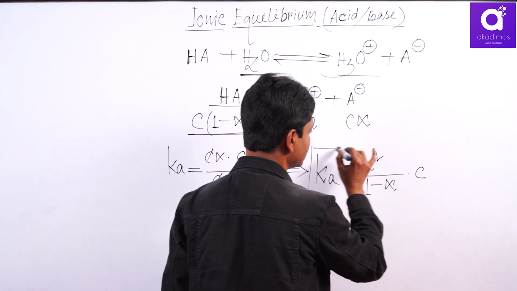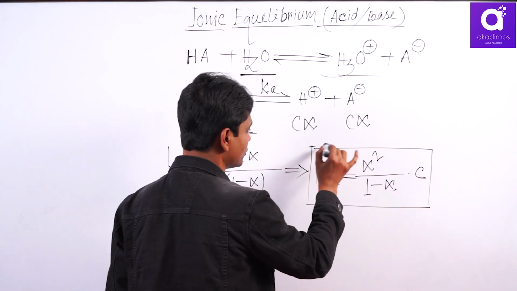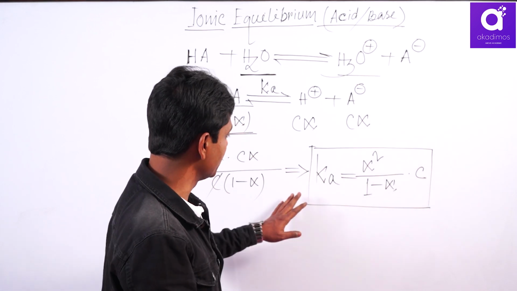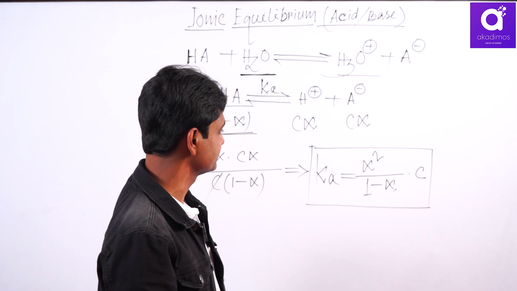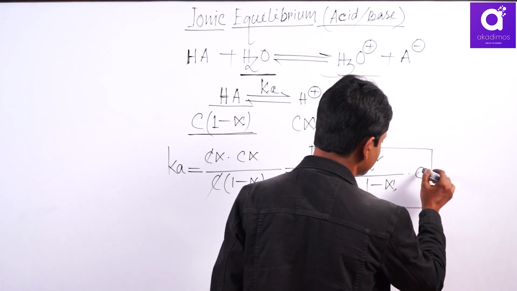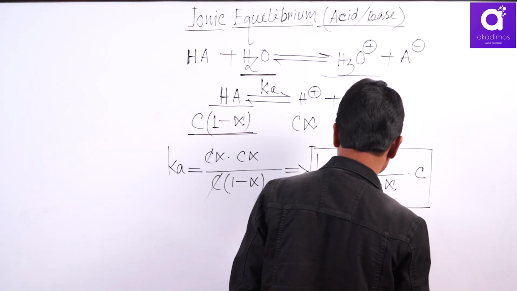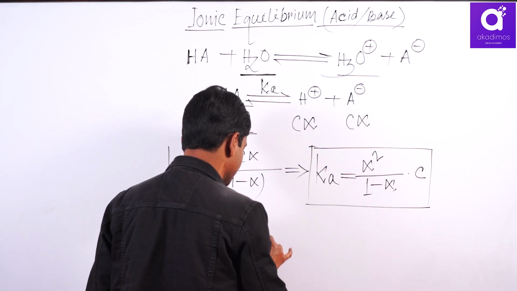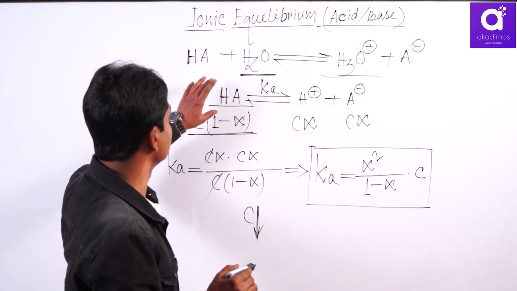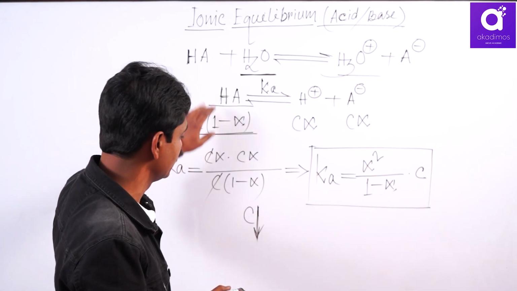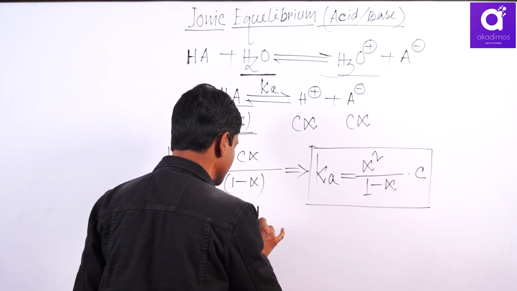Now see the equation. K is an equilibrium constant, and any equilibrium constant is only a function of temperature, not dependent on other external conditions. Now if you decrease the concentration C, that means you are diluting the solution of HA. With increase of dilution, C decreases.